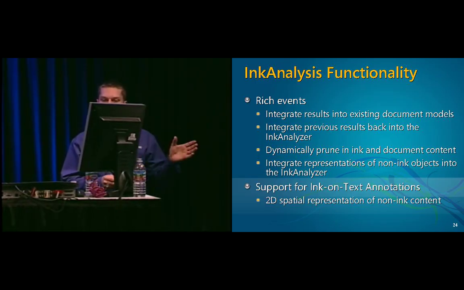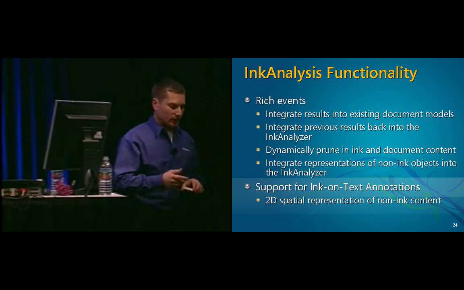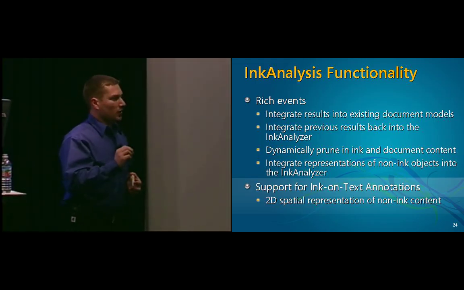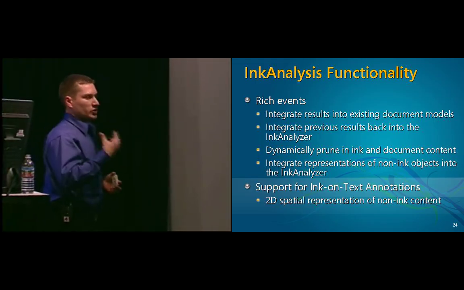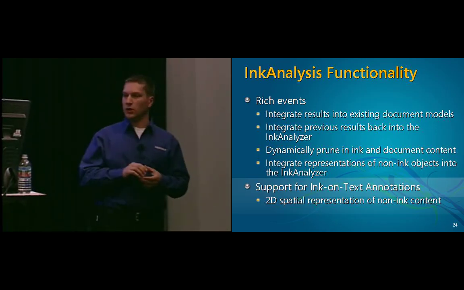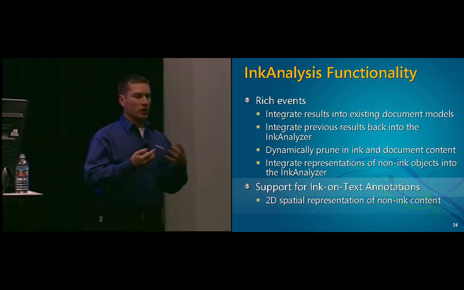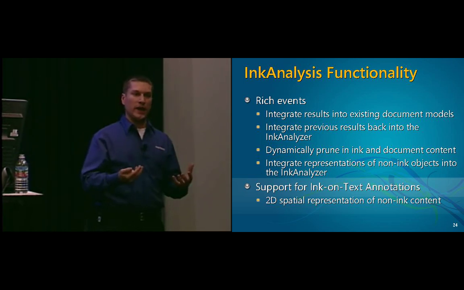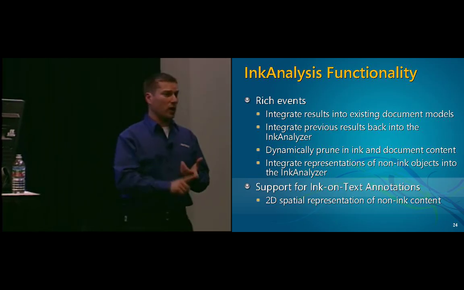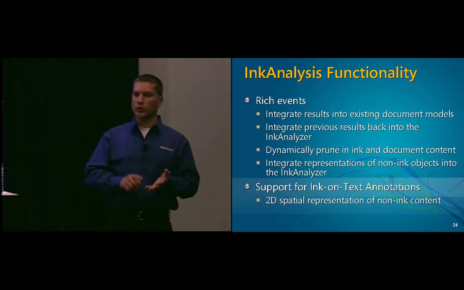So the other thing, supporting ink on text, I've kind of been talking about this and not really hitting to the point as much. The ink analyzer returns you a tree structure. So every time we analyze this, you saw a little bit of this in the first demo. We return a collection of context nodes that make up all of the information for our results. We'll have paragraphs, we'll have lines, we'll have ink words, we'll have drawings.